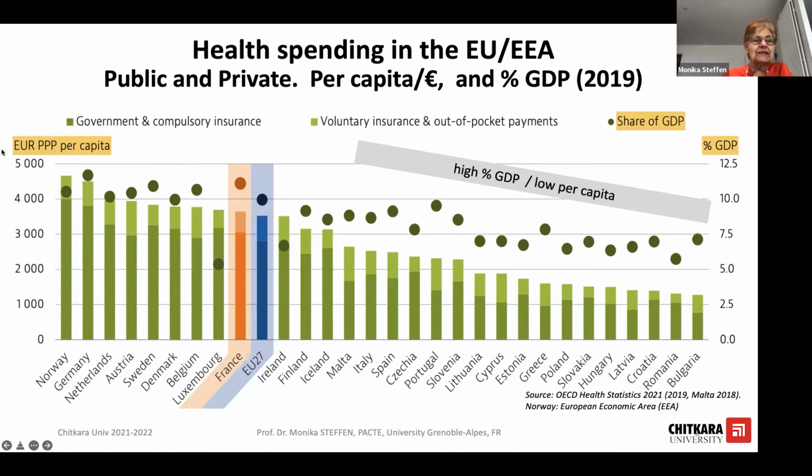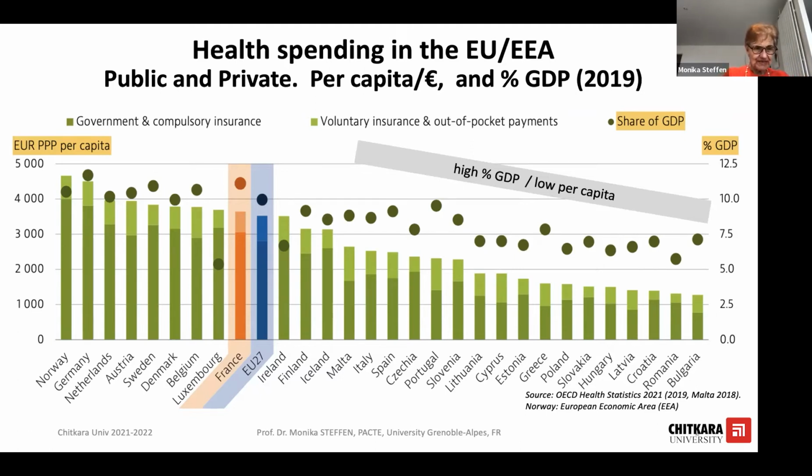And in terms of GDP, the point here is 4,000. So we can see they spend more money per head than, for instance, France. Their share of GDP is very high, but the spending per head is very low. I come back to this problem in a minute because it has a certain significance.